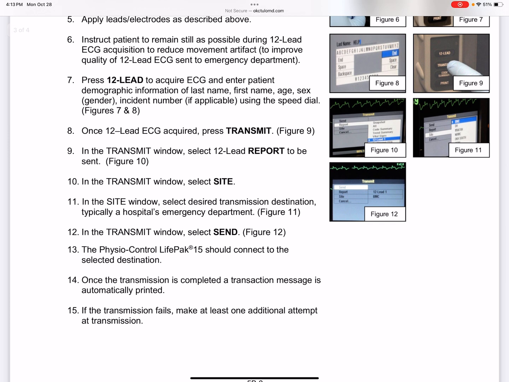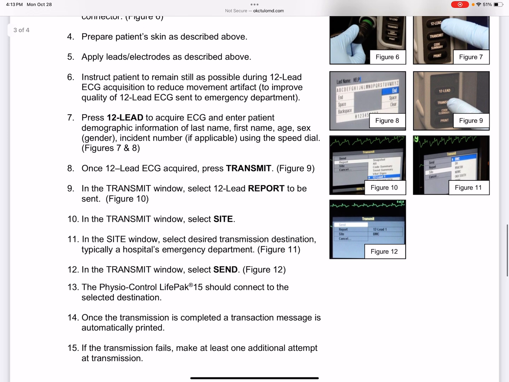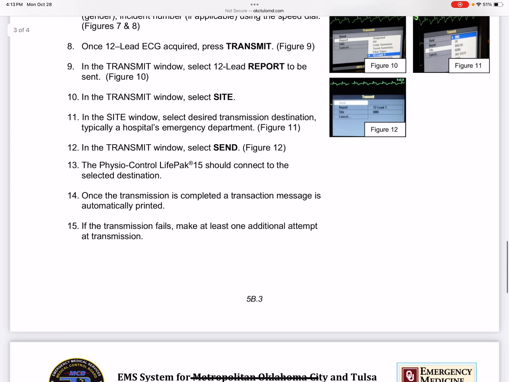If you do need to transmit, you just hit transmit on figure 9. You go to report. On figure 10, you'll click whatever 12 lead. 12 lead 1 is obviously going to be the first one you took, and if you took 5 12 leads and you want to send the third, you'll go to 12 lead 3. And then you'll select your facility if you need to transmit it for whatever reason.